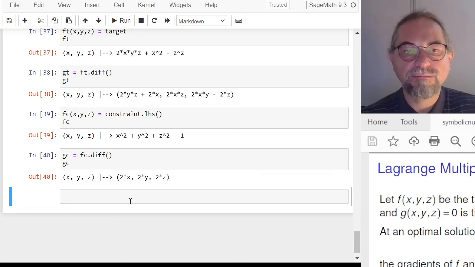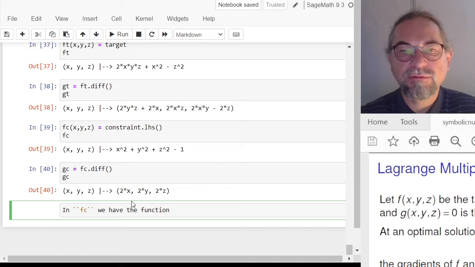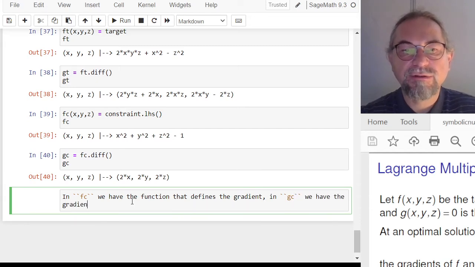In FC we have the function that defines the gradient. In GC we have the gradient of the constraint.